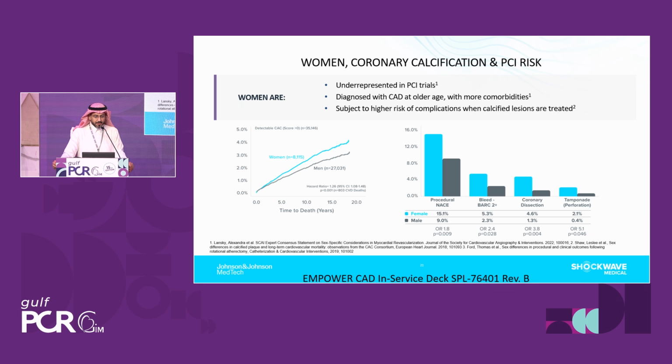Women are diagnosed with coronary artery disease at an older age with more comorbidities, subject to high risk of complication when calcified lesions are treated. You can appreciate in the curve here that the time to death and also the coronary artery detection in women is higher than in men.